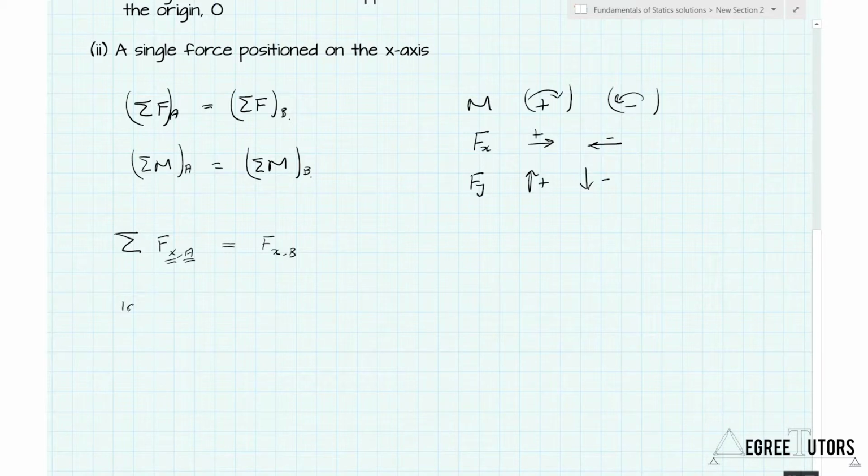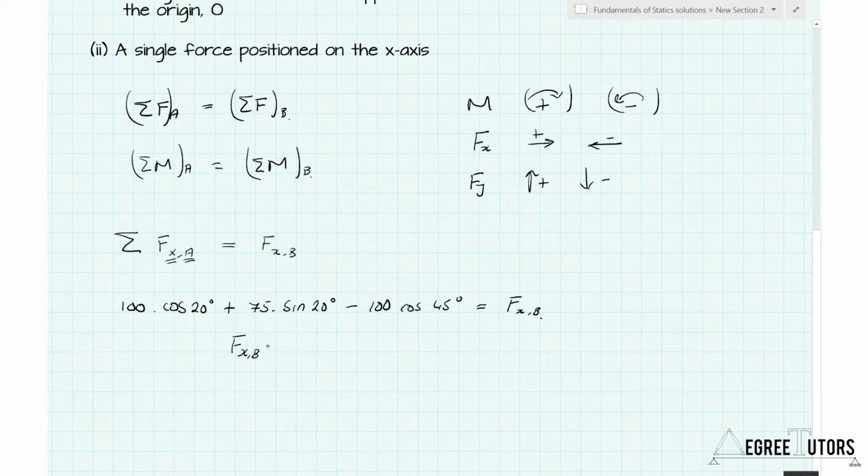We have 100 times the cosine of 20 degrees, and that's positive to the right, and that all equals FxB. When we evaluate the numbers, FxB is equal to 48.91 newtons.